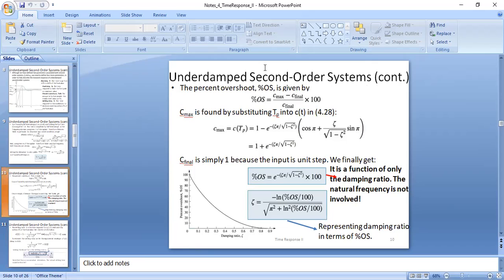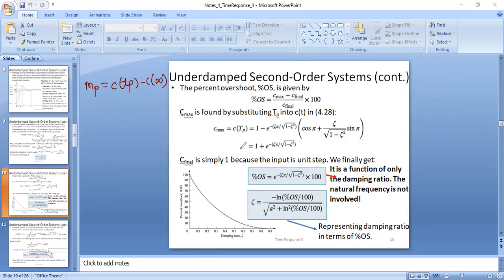And here you have one more formula. I told you that Mp is C(tp) minus C(infinity).